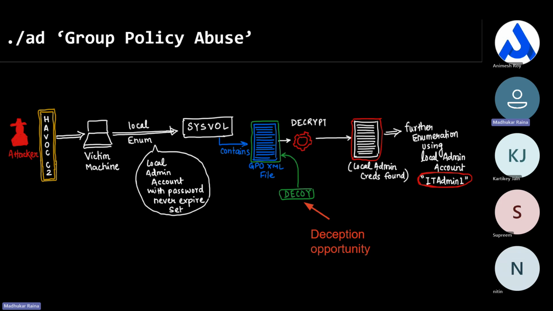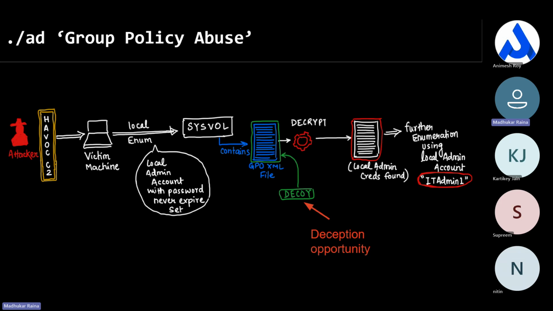System administrators used to use GPP preferences to have the same local administrator on all the systems, but this was later disabled by Microsoft because by mistake they leaked the key in one of the MSDN documentation. That's why this technique was disabled, but you can still find some traces of these XML files, the GPP XML file, which contains the local admin credentials. And if the password has not changed, it's still the same, then it's good.